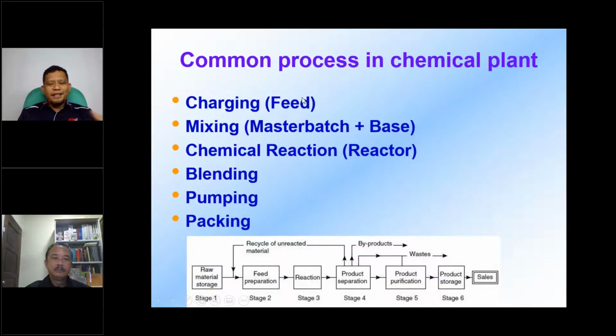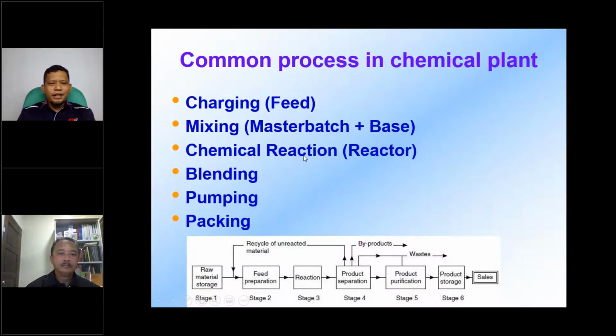Charging is feeding chemical A with chemical B. Then mixing: we mix chemical A and chemical B, maybe in one of the mixing tanks. Then we have the common process we call a chemical reaction.